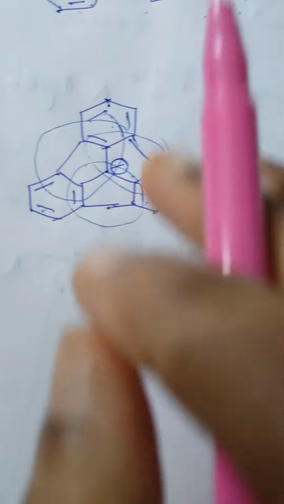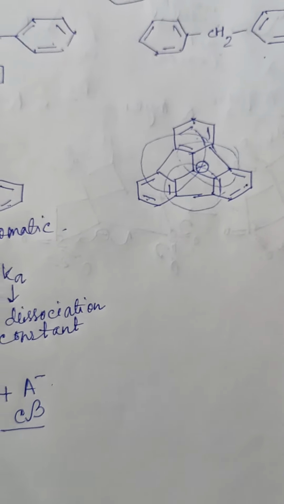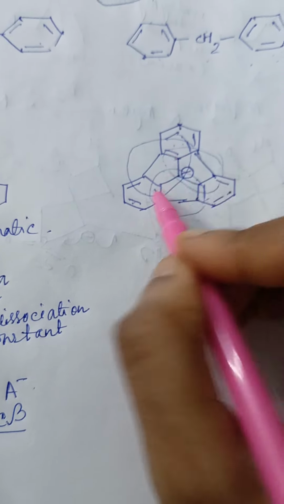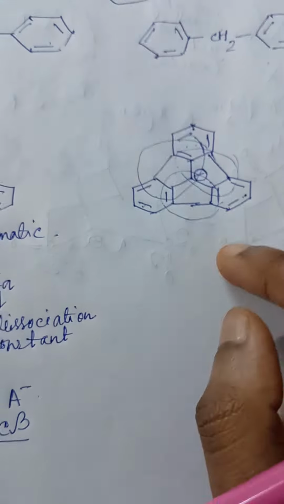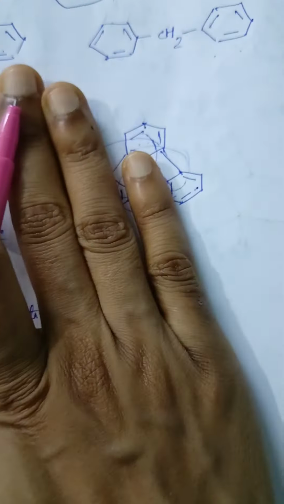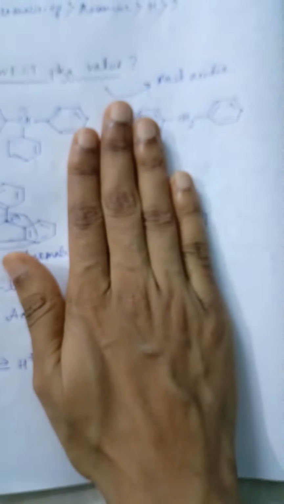Also, another thing we have to keep in mind is that for a good amount of resonance to happen, these rings should be in one plane, so they should be planar. Now see, if 3 rings were free in one compound, they are free, but now they are joined by this bond, so they are forced to stay in one plane.